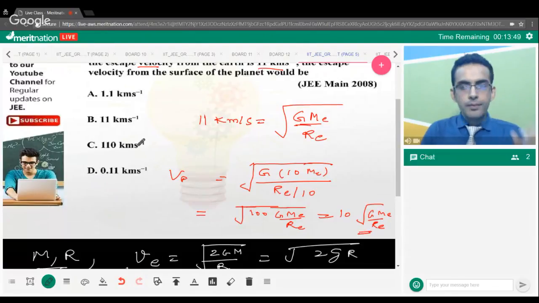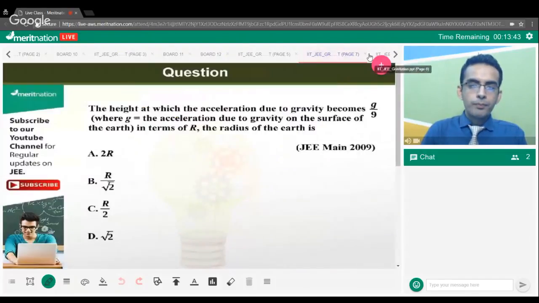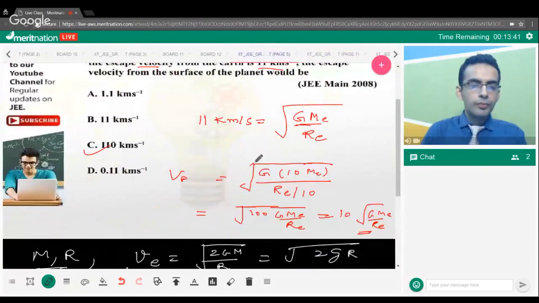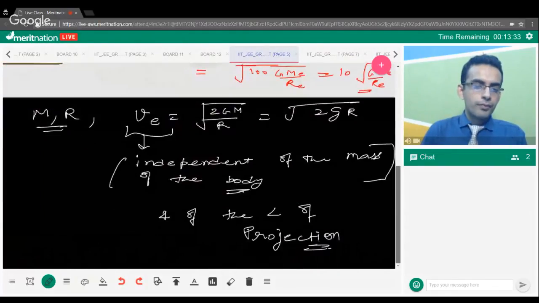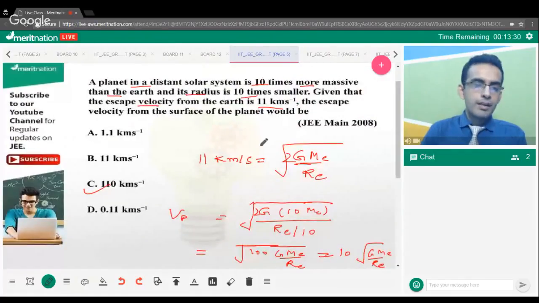So that's why the correct option is C. You can write 2, no problem, because it doesn't affect the answer. See, it's given root 2GMe by Re is equal to 11 kilometers per second.